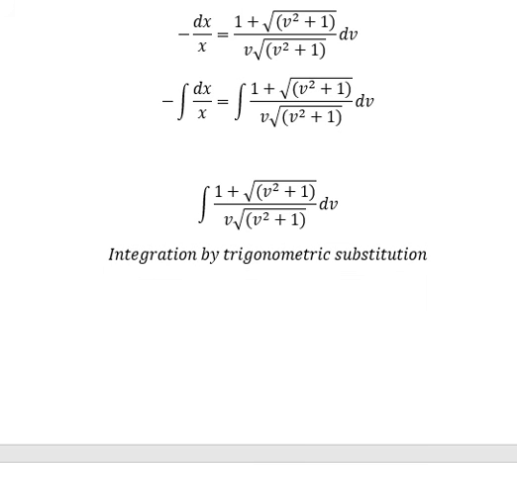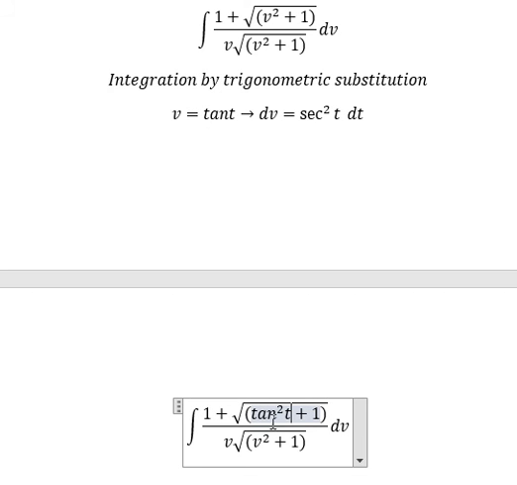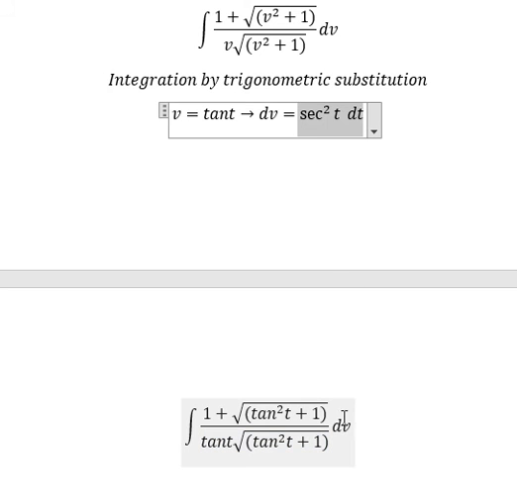So, I will put v equals to tan t. dv we have secant of t square dt. So we put tan t to change for v. Tan t. dv we change for this one.